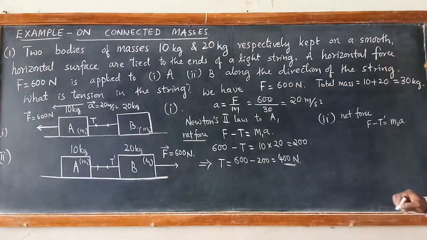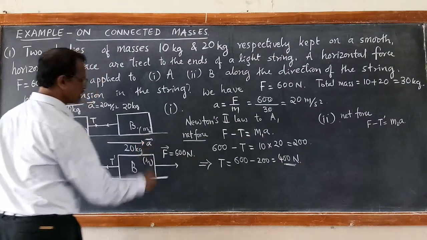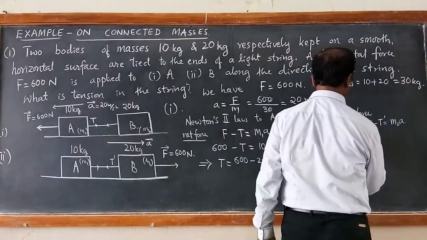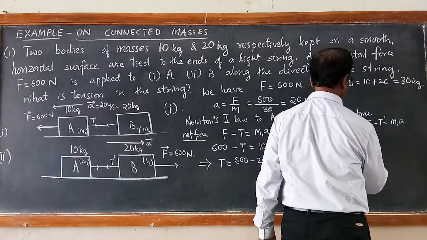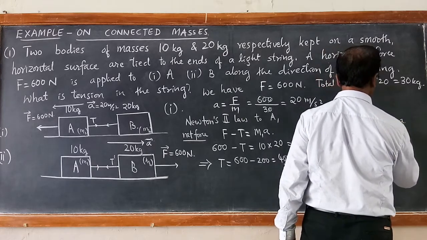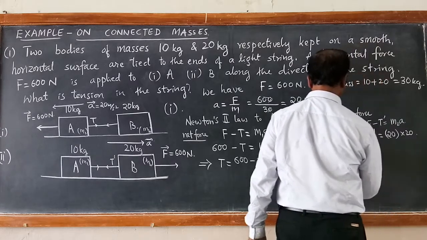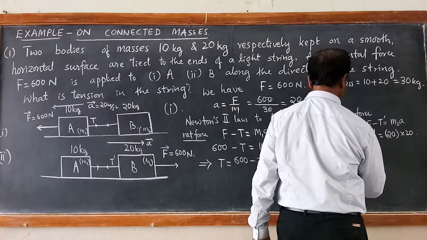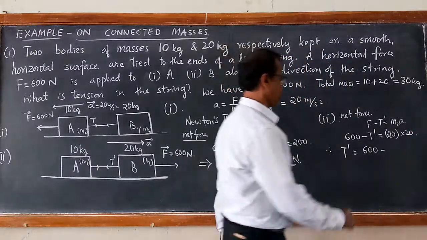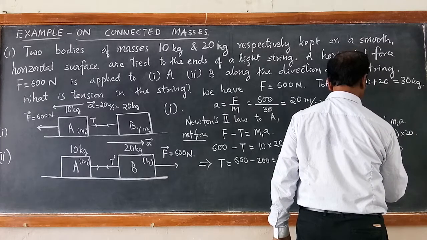The acceleration will be towards the right side, and it remains the same. Therefore, substituting the values, 600 minus T' is equal to m2, which is 20, times A, which is again 20. So T' is equal to 600 minus 20 into 20, which is 400, so T' equals 200 Newton.